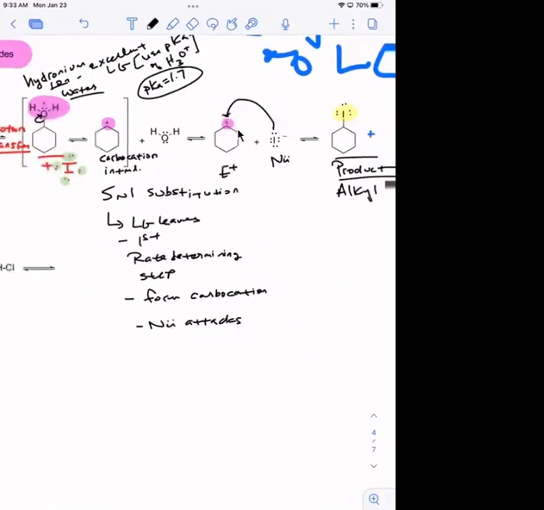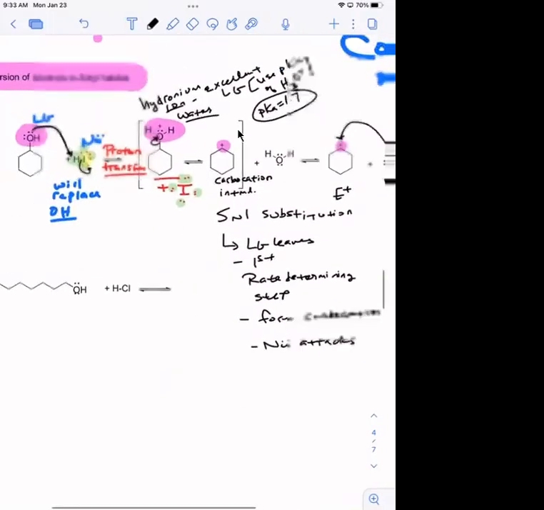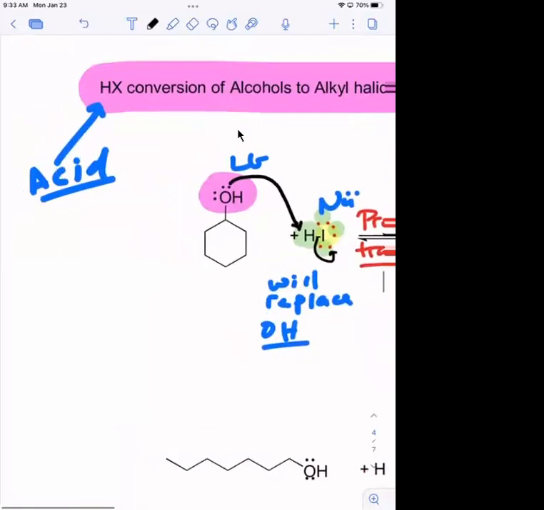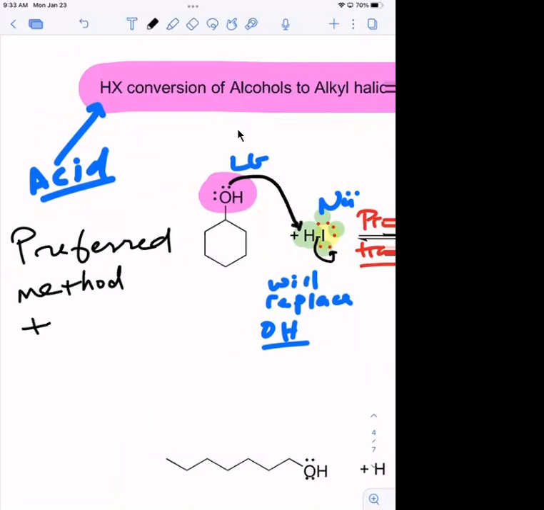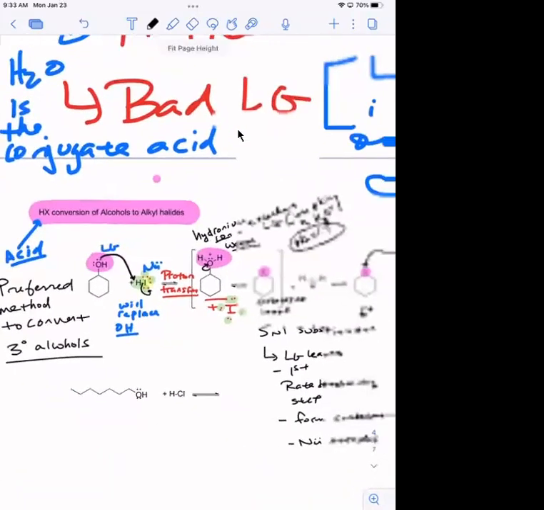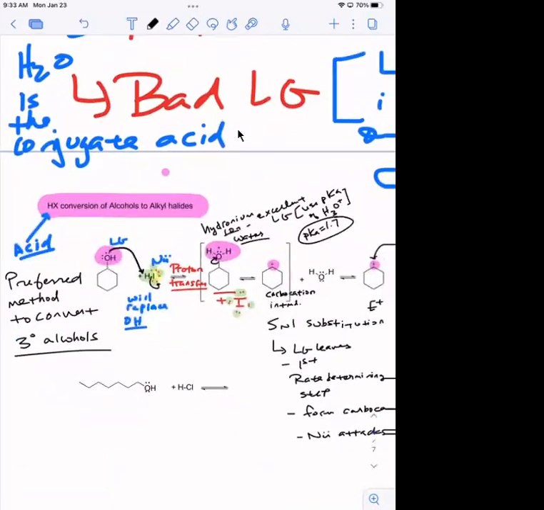Now that leads to another piece of information about this reaction, which is that this is the preferred method to convert tertiary alcohols, right?